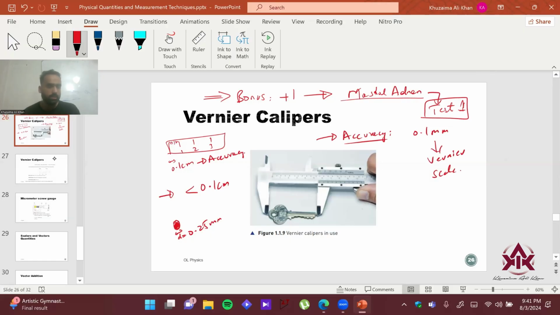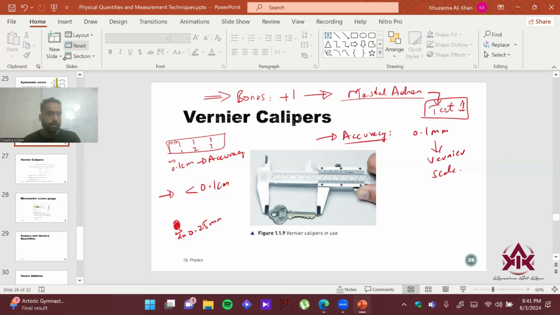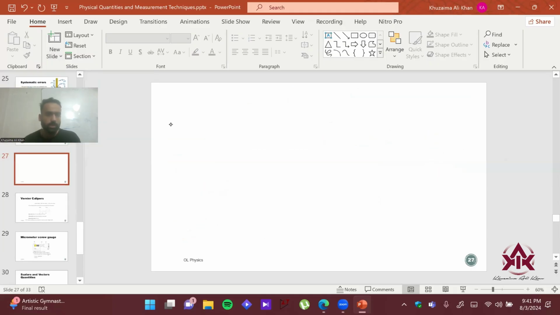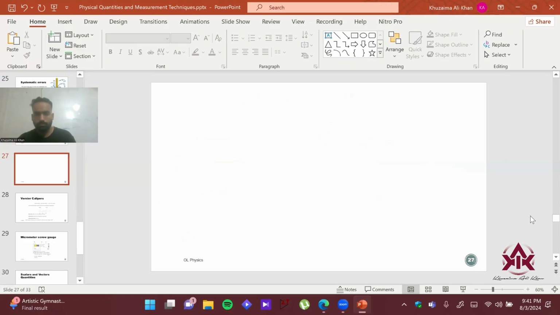So let me just insert an empty slide to discuss इसके constructing parts which it contains. ठीक है, आपको नाम याद होना चाहिए because that can come in your exam. Okay, label and explain the parts of calipers. If I can take the picture from here, just to basically annotate the next slide.